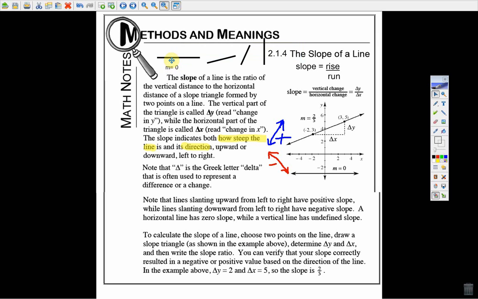So here we have m equals 0. This might be m equals 1/2. I'm just making that up, so that would be up 1 over 2.